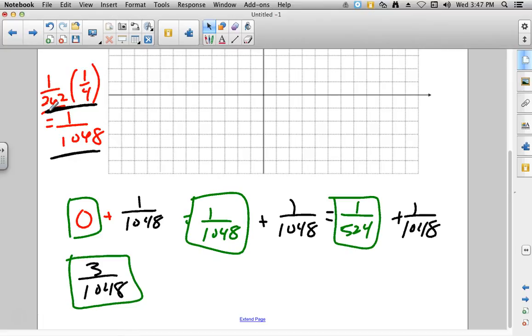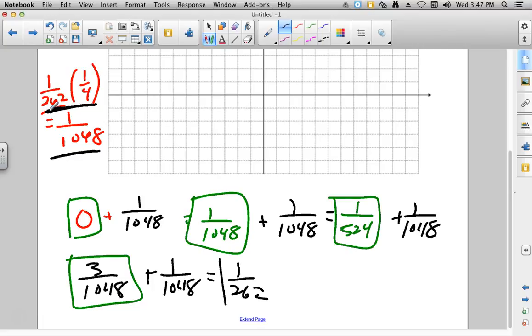And then we need to add another 1 over 1,048, which would be 4 over 1,048, but that reduces to 1 over 262, which is our full period.